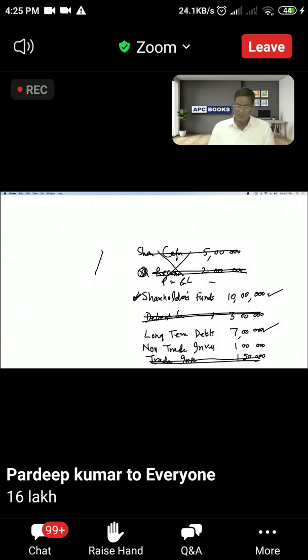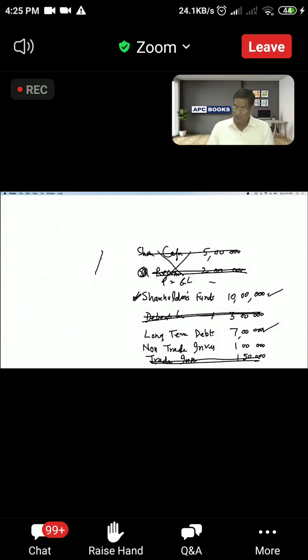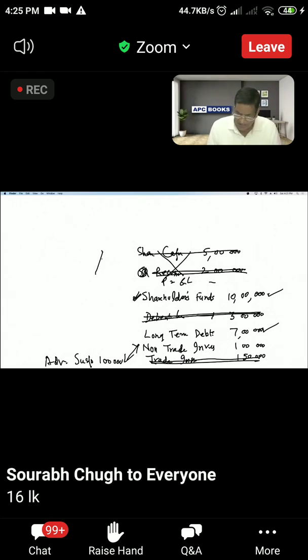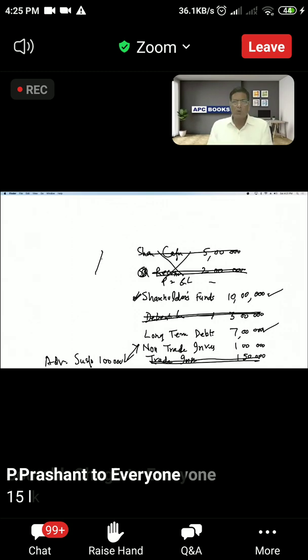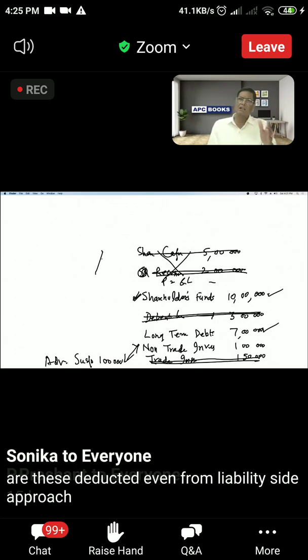Non-trade investment, and also, suppose they have given advertisement suspense, 1 lakh. These two items will be deducted for calculating capital employed following liability side approach.